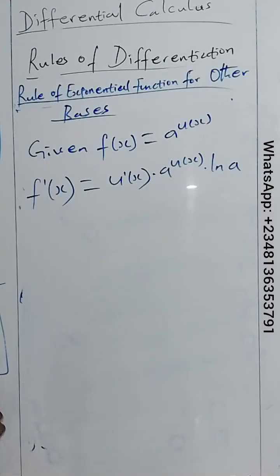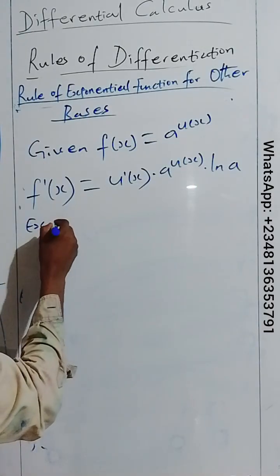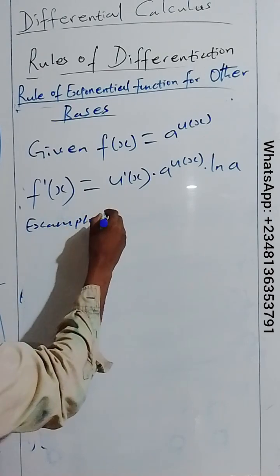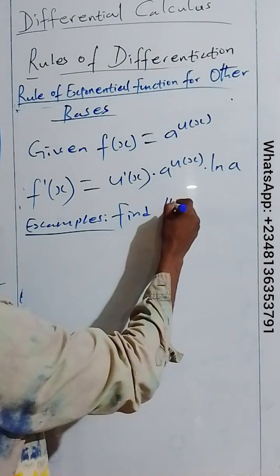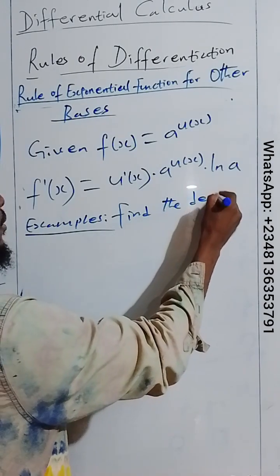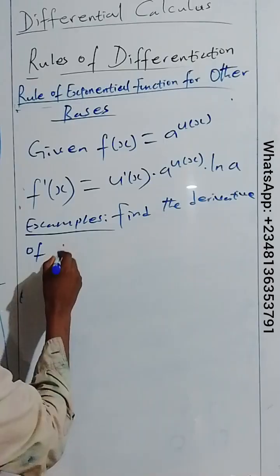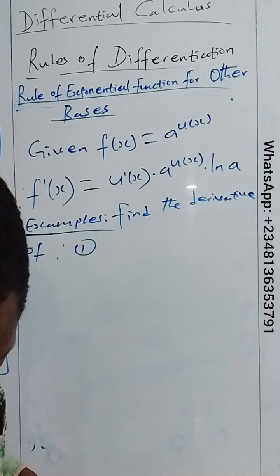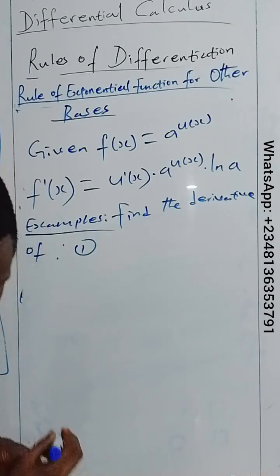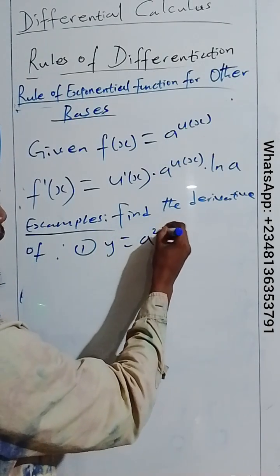Okay, now let's apply this. Let's take a look at some examples. Let's say we are asked to find the derivative of, the first one, y equals a raised to the power 2x.